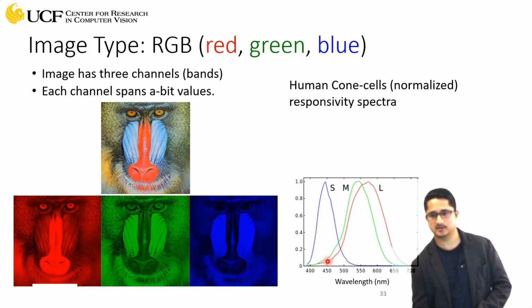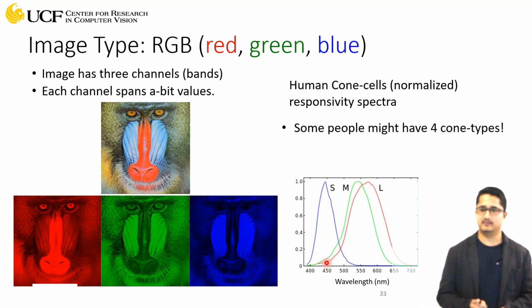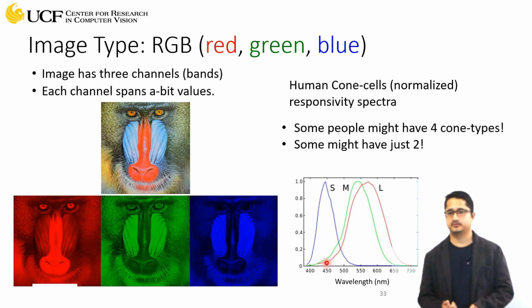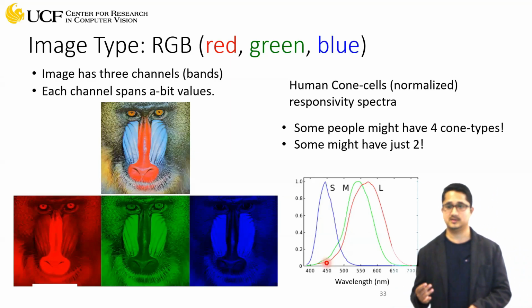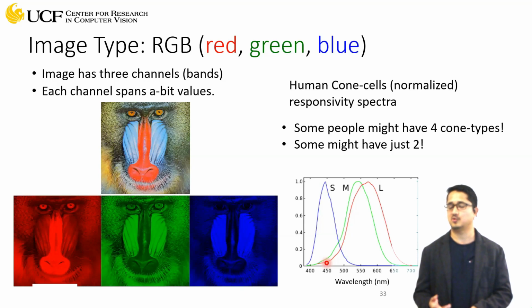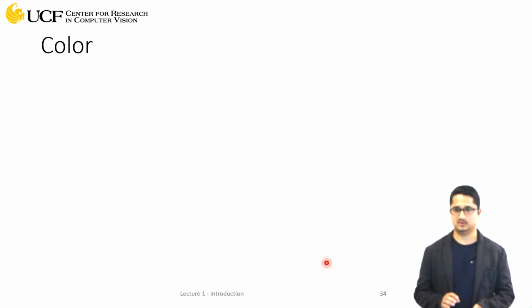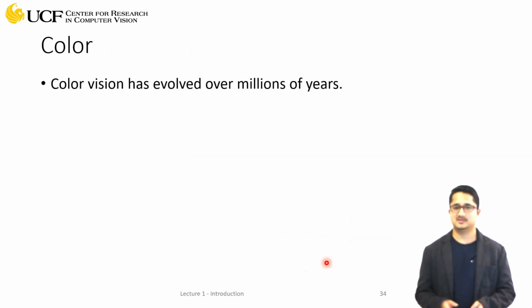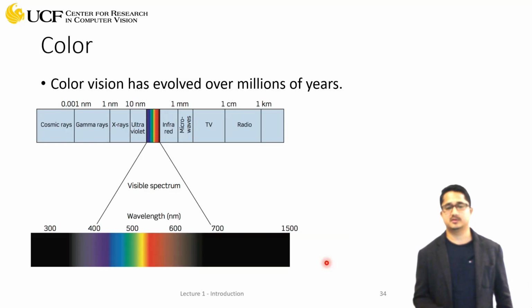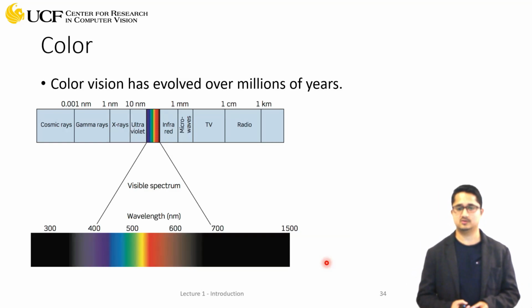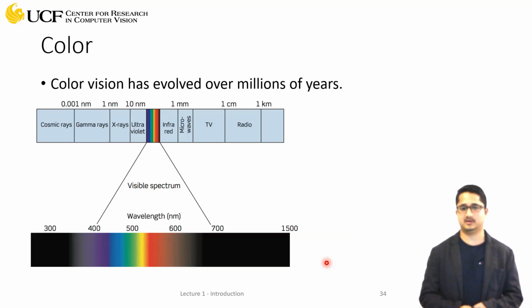One thing to understand is that light has a wavelength. An interesting fact is that some people have 4 cone types, which means they can see more colors, and some only have 2, which means they can see fewer colors. So color vision is a biological thing, and it has been evolving over millions of years.